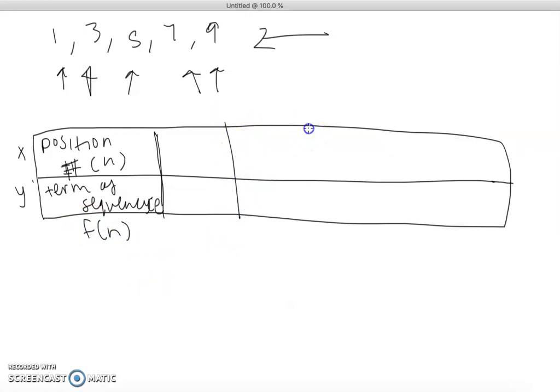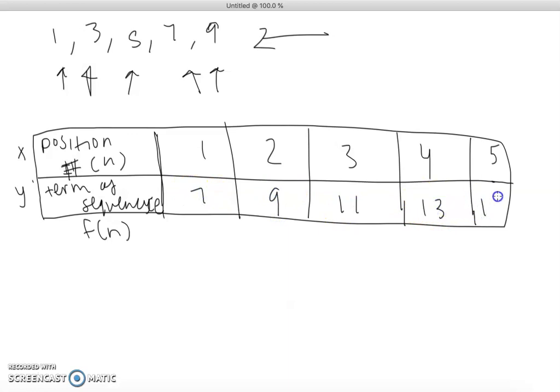So these term values are going to be 1, 2, 3, 4, 5. So 7, 9, 11, 13. So if you don't recognize the pattern, that's totally okay. So now we are going to have to write a function for this. So what do you identify in this?